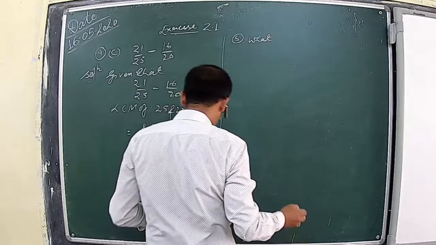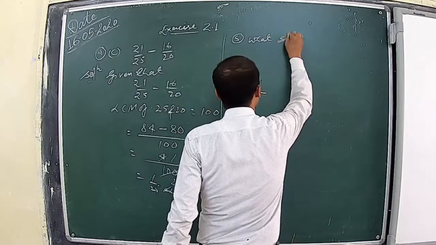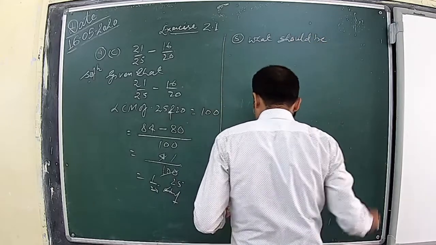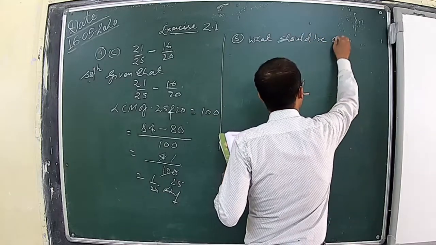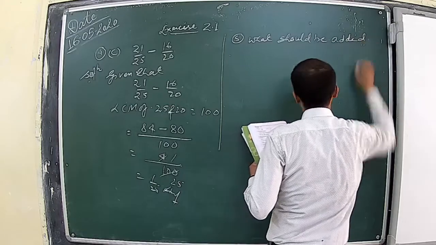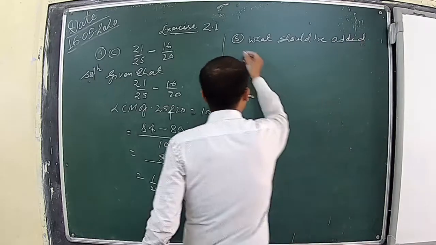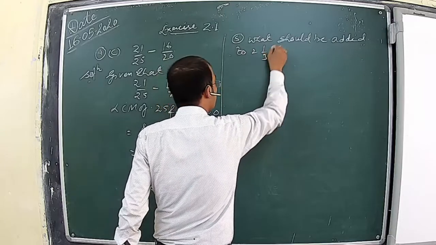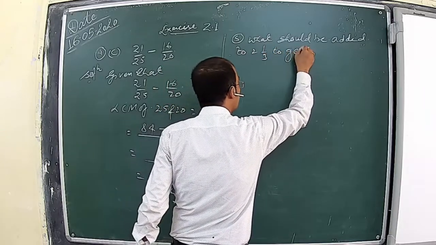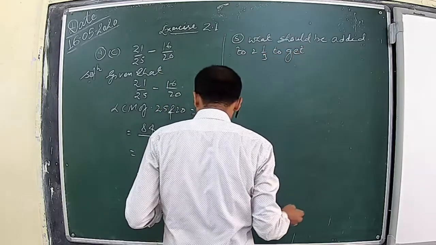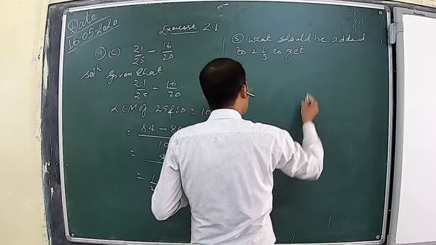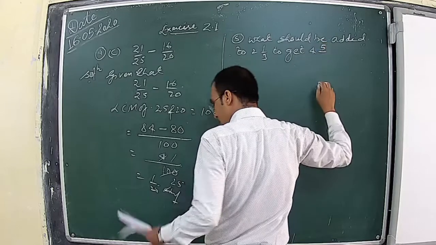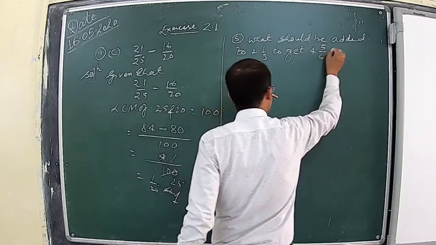What should be added to 2 whole 1 by 3 to get 4 whole 5 by 6?